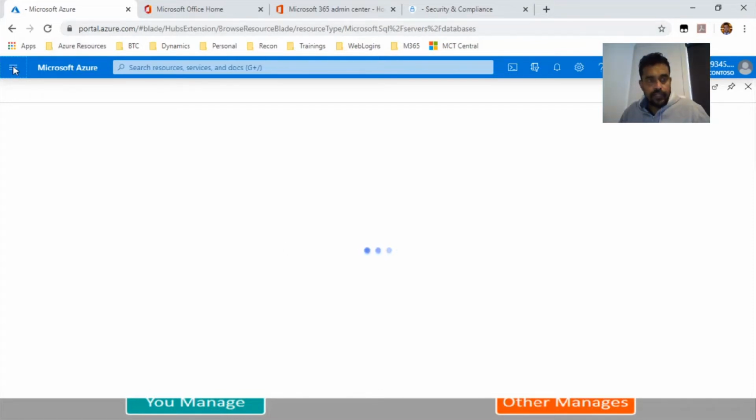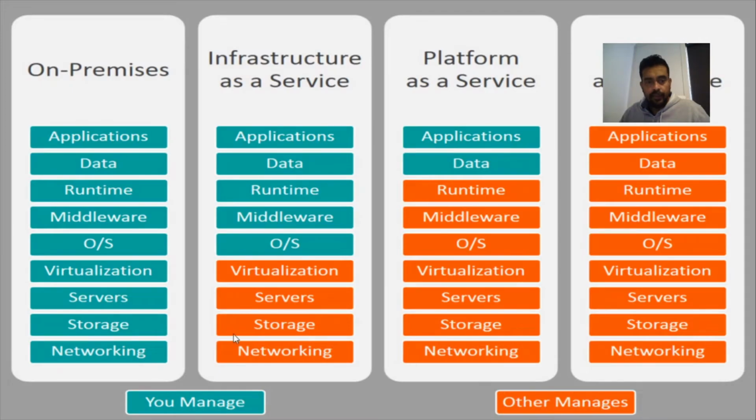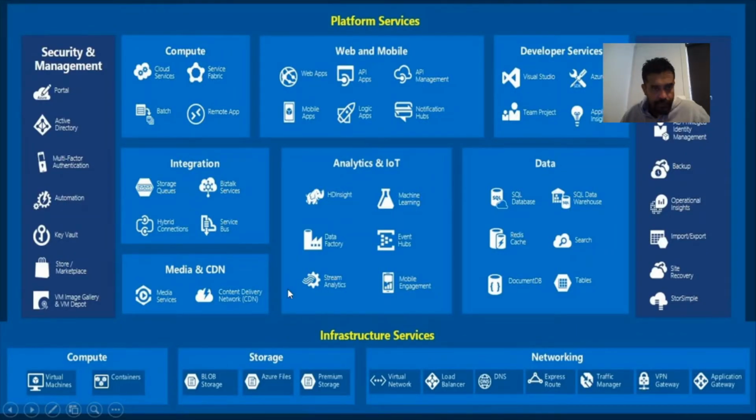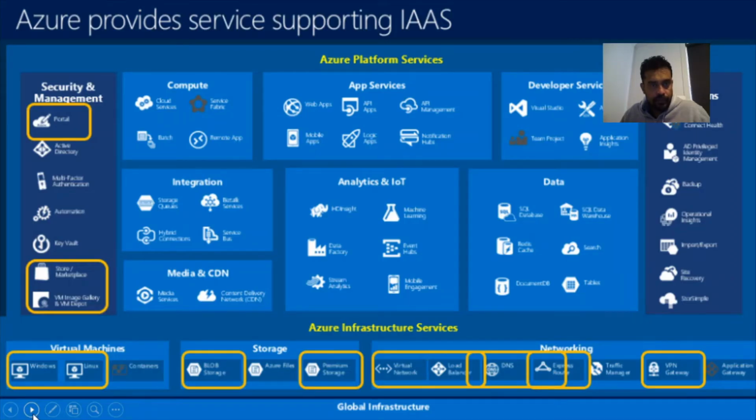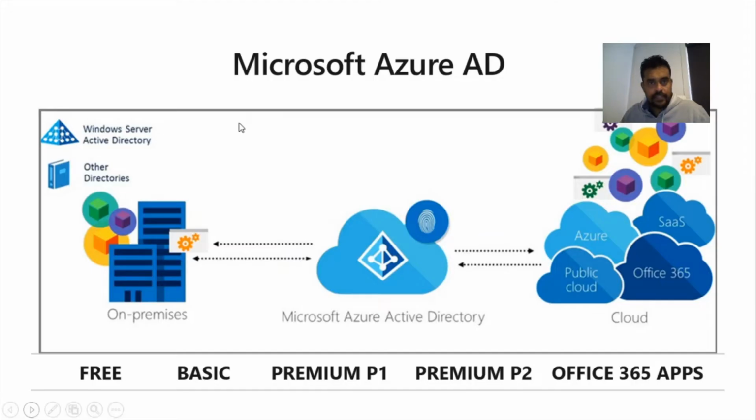Within Azure, we will be focusing mainly on Azure Active Directory today. These are the three types of Azure services, and this is important: in Azure, the identity system is Azure AD or Azure Active Directory, and there are different versions of it. It is also good to understand Office 365 and Azure.